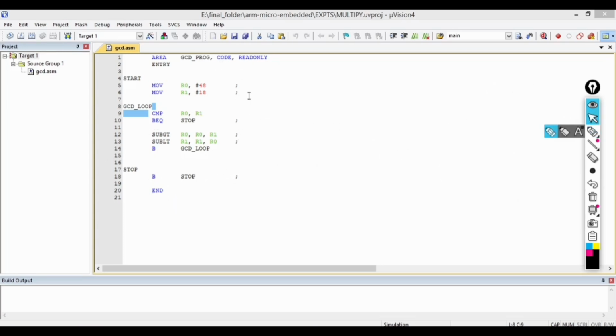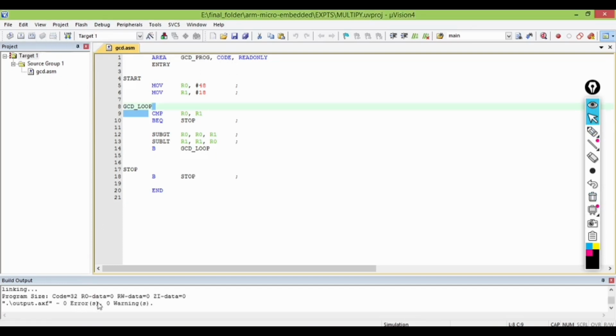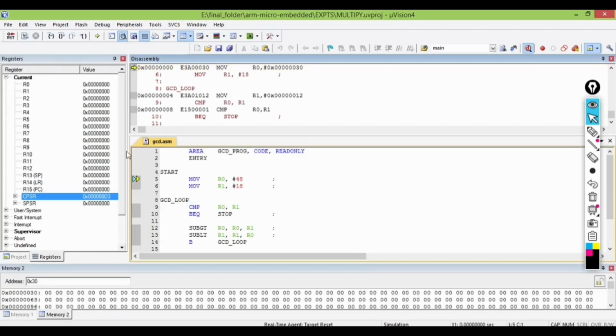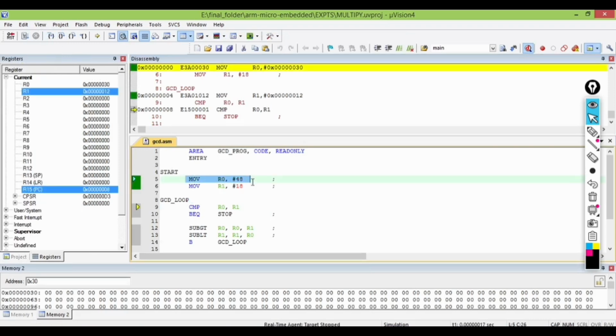Now since we understood the logic here, let's see how it works. As we can see here, there is no error in this code, so we will go ahead with the debugging. We have loaded the values 48 and 18, which are decimal values, into registers R0 and R1. 30 and 12 are hexadecimal equivalents of 48 and 18 respectively.